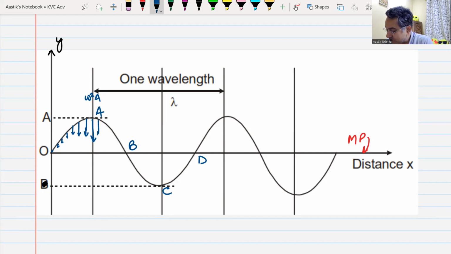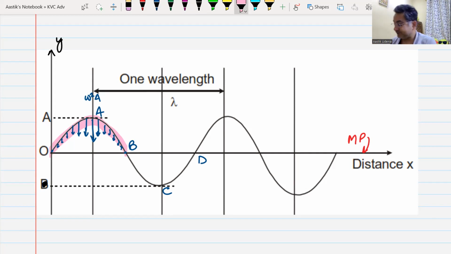So again, the same thing follows. As you go away and away, it becomes 0 at this point. So in this pink zone, all the particles have acceleration towards their mean position only. Do we understand this? Yes, sir.